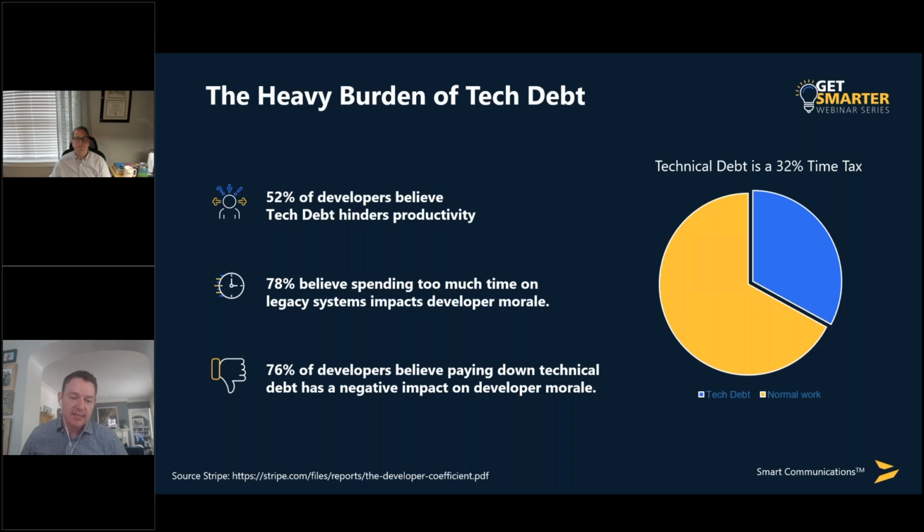So there's a hesitancy in IT teams wanting to tackle some of those legacy systems. 78% believe spending too much time on those legacy systems is impacting developer morale. And about 3/4 believe that having to work on paying down technical debt is having a negative impact. 32% is the time and resources spent working on or working around this technical debt within your organization. So it becomes a significant time tax for your IT teams to tackle.